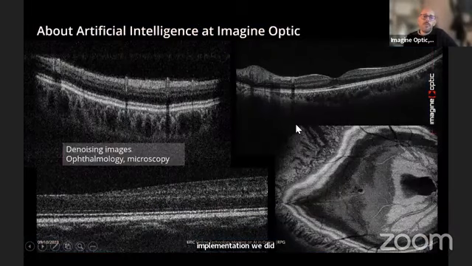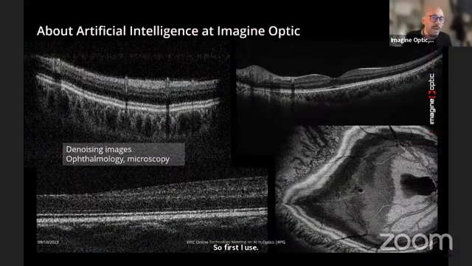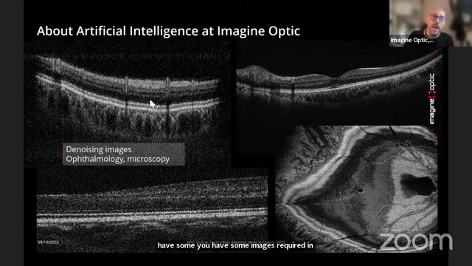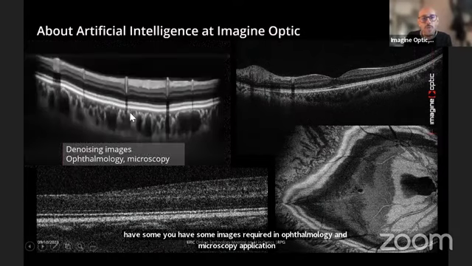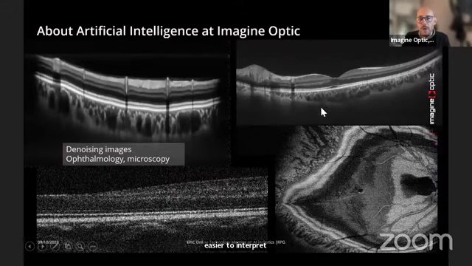So first use, for us, is denoising of images. Here on the screen, you have some images acquired in ophthalmology and microscopy applications, and we use AI to remove the noise of these images and make them easier to interpret without affecting the resolution.